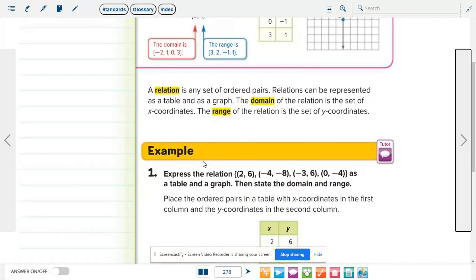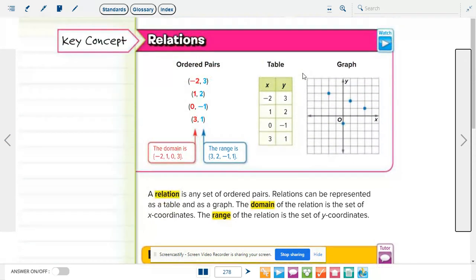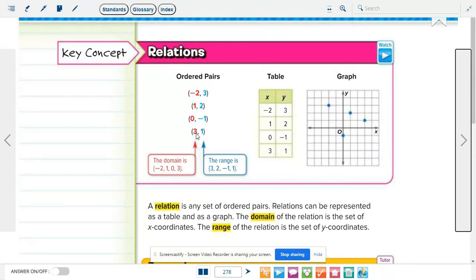All right, now 2 new words for you probably are domain and range. The domain of the relationship is the set of x coordinates, and the range is the set of y coordinates. So if we look up here, you can see that all the x coordinates, the first listed coordinate, are your domain values.